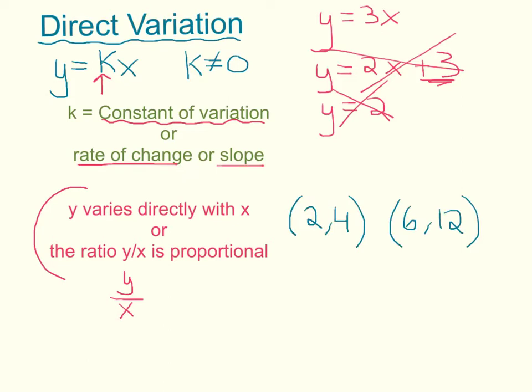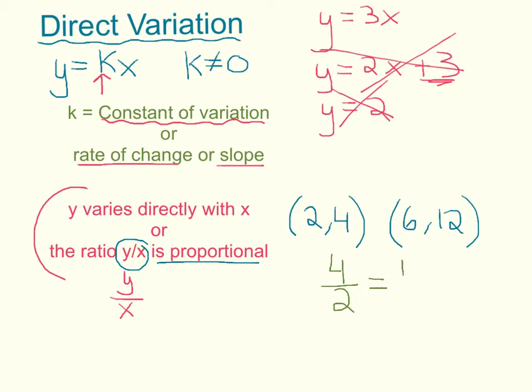Let's say these 2 points, (2, 4) and (6, 12), are 2 points on the same line, therefore they're part of the same direct variation equation. The ratio y divided by x is proportional. So let's think about what you remember about proportions. If you take the ratio y divided by x, in this case 4 divided by 2, it is equal to that same ratio at any other point on the graph.